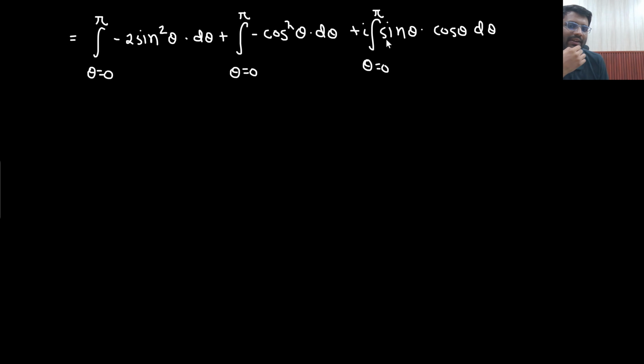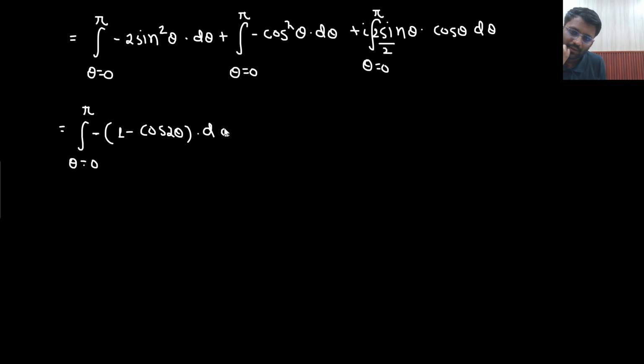So I will multiply and divide it by 2. Right? Let's see what this could be written as. Theta going from 0 to pi. Minus 2 sin square theta could be written as minus 1 minus cos 2 theta, d theta, plus theta going from 0 to pi. What could cos square theta be written as?